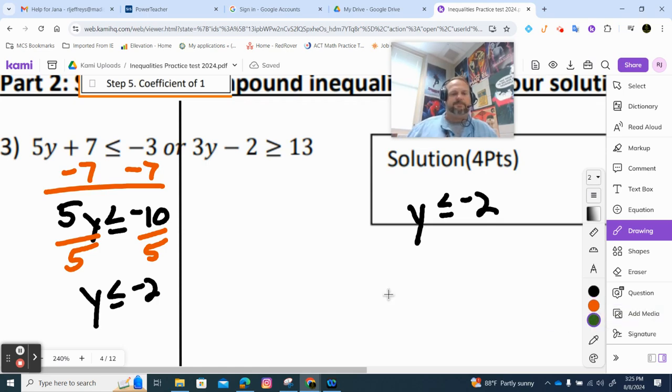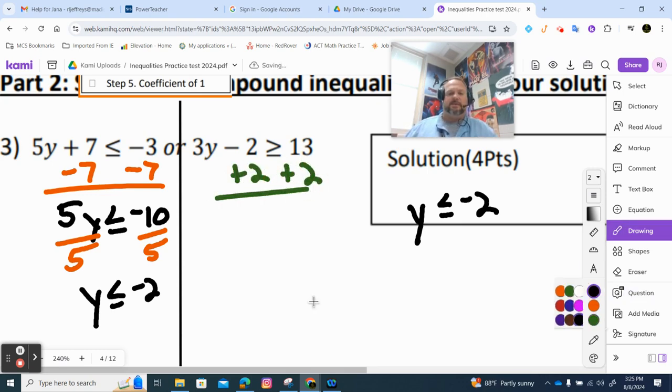All right. It's like I went through the steps. I bet I'm fixing to do it again. I'm going to add the 2. 3y is greater than or equal to 15.